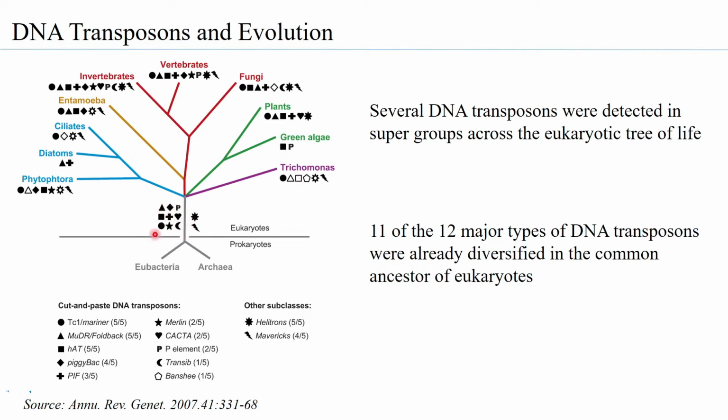They are different in different supergroups, and therefore you will be able to study the evolution pattern that has happened by comparing the presence of these different DNA transposons. So it's easy to understand that the ancestor of the eukaryotes already had diversified to different supergroups. And that's why it is said that DNA transposons have a very important role to play in evolution.